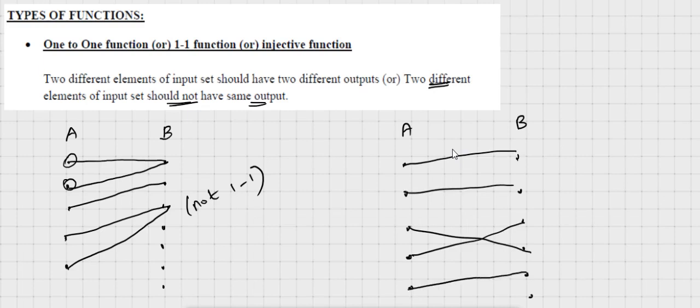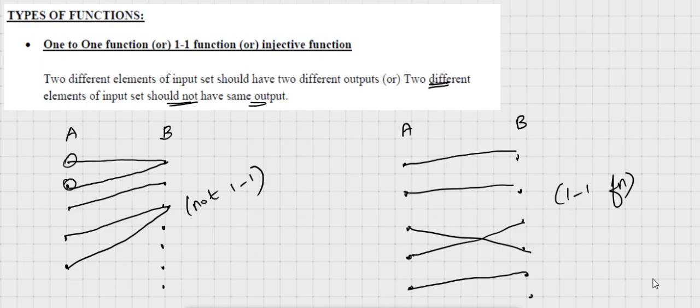Yes, of course it is. Why? Preliminarily it satisfies the definition of a function. That is mandatory. All the elements have an output and they have only one output. I am just imposing one more condition on that.